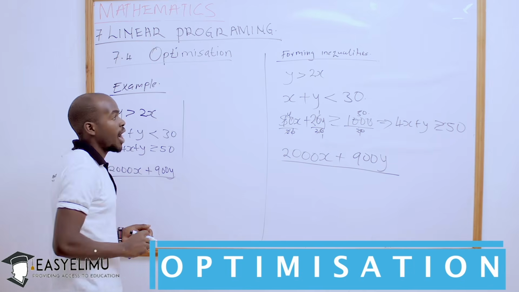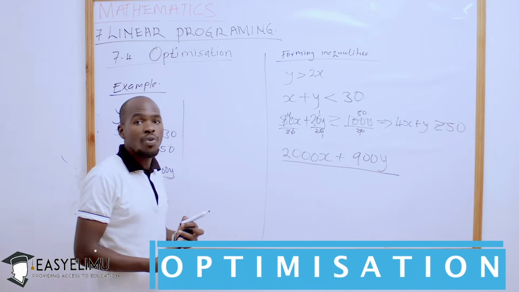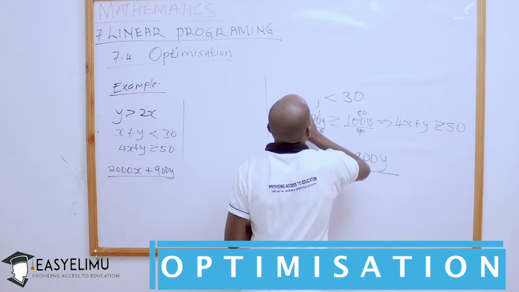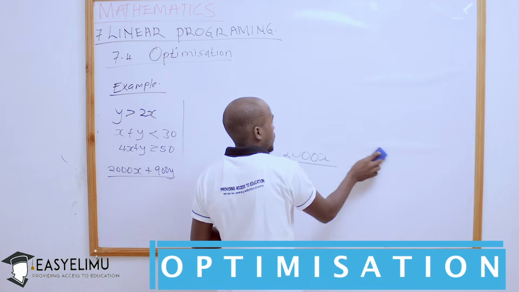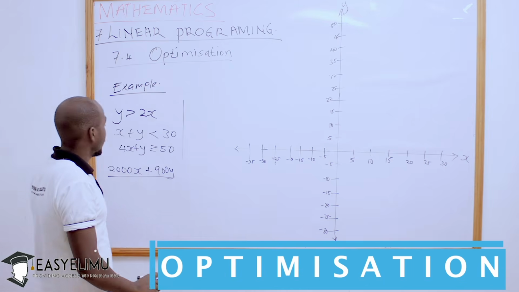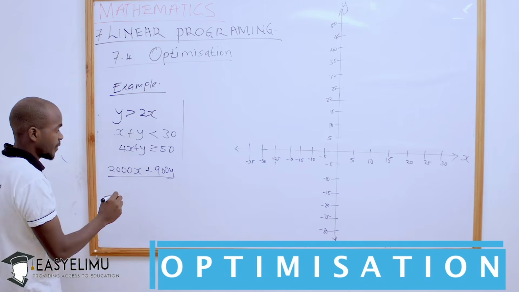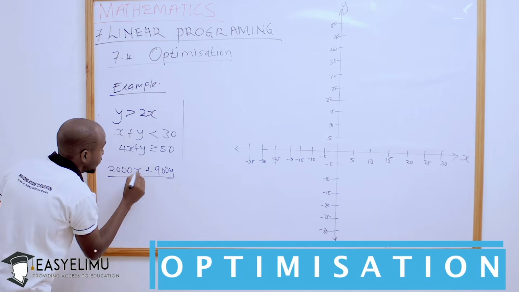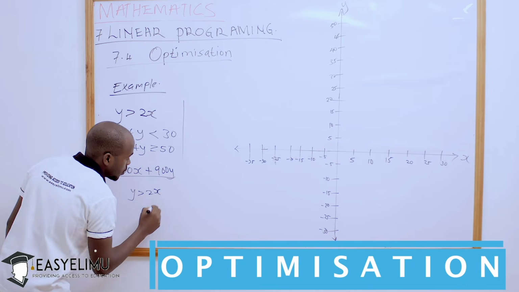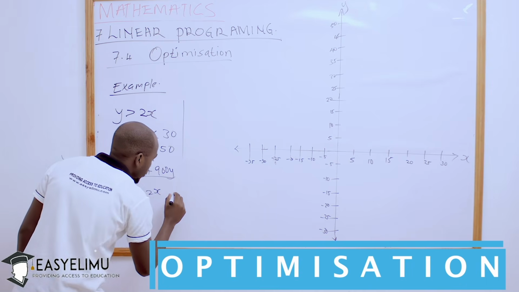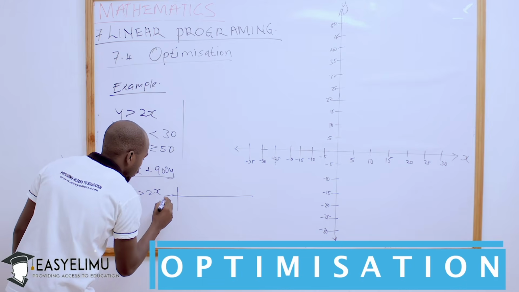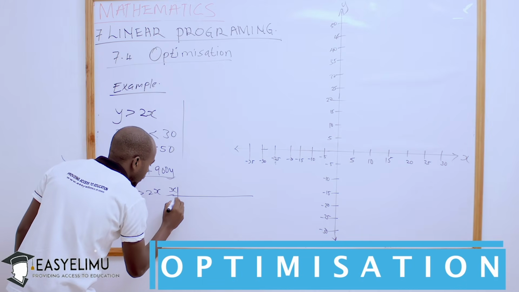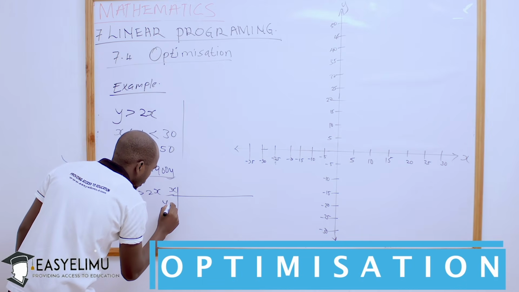We have formed the inequalities. Now we need to graph them on a Cartesian plane. Let's start with y is greater than 2x. So if we do that, we can draw a table here and say this is x and this is y.